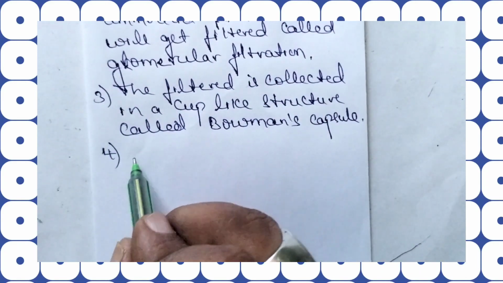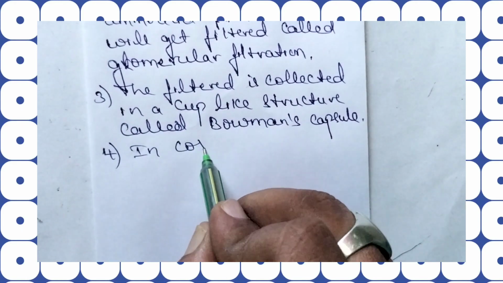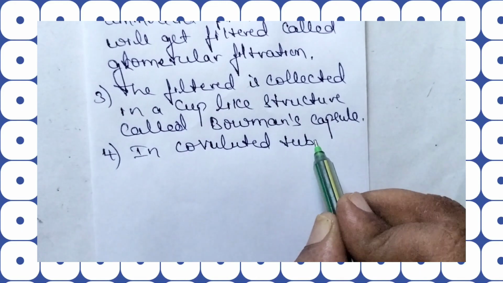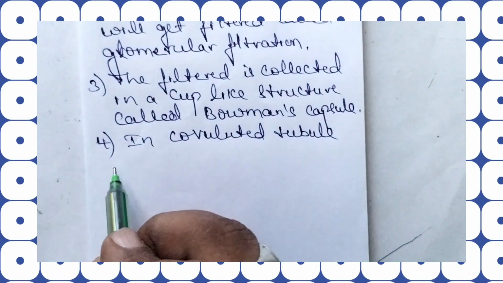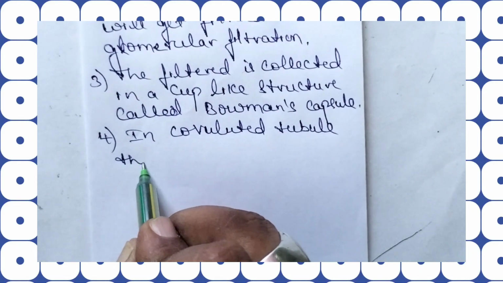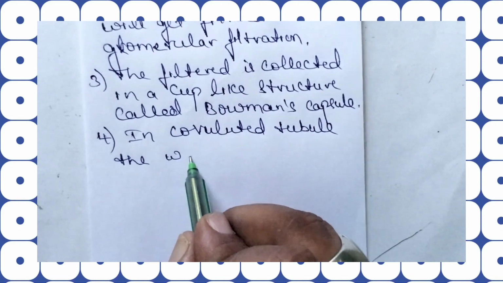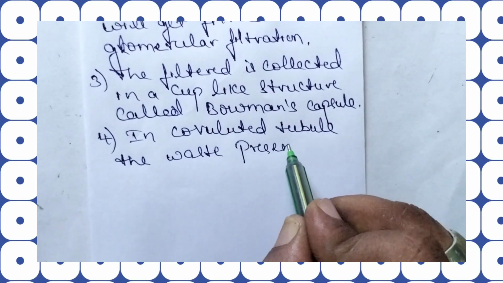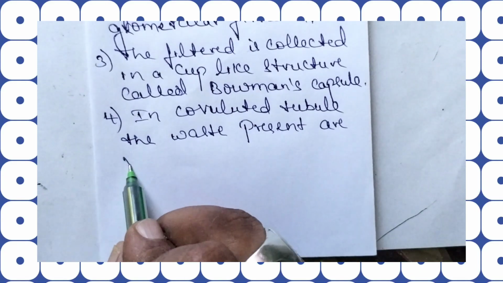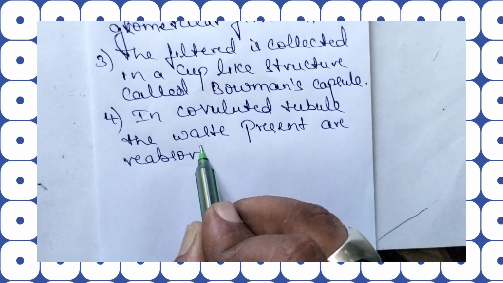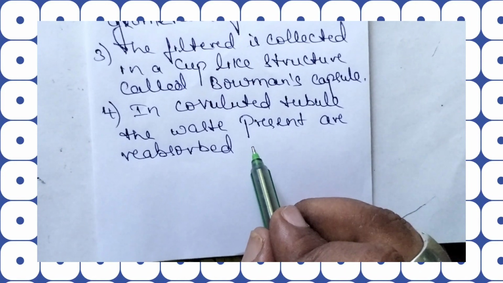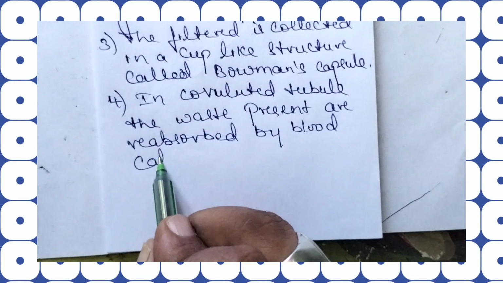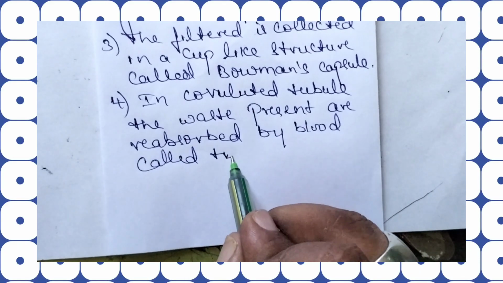Next, in the convoluted tubule, the useful substances present are reabsorbed by blood, called tubular reabsorption.